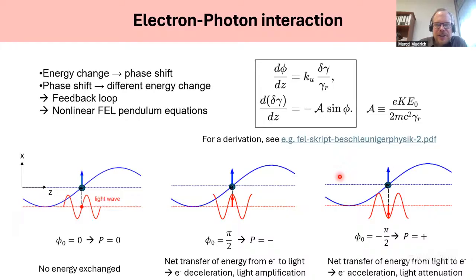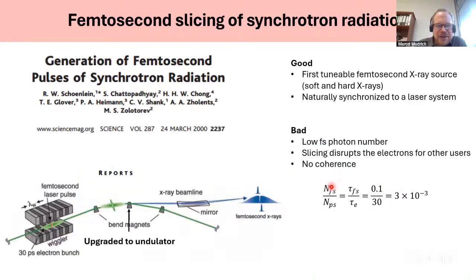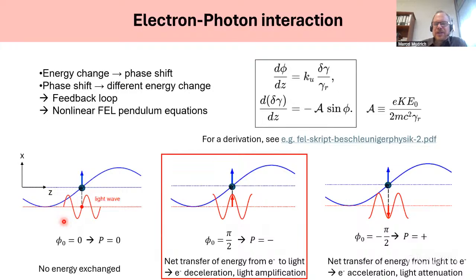Okay, so that was the case, with nothing about free electron lasers yet. This was the case of coupling energy from an external laser field into the electron bunch. But now let's consider the other case, where there is energy transfer from the electrons into the light field, which would decelerate the electron beam, but would amplify the light field.